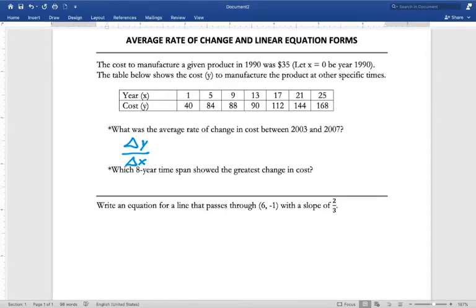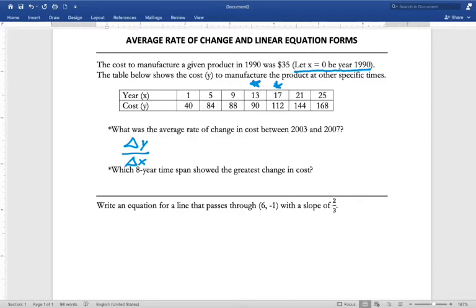So when we're talking about an average rate of change, that is truly a slope. So 2003, we need to figure out where that is in the table. Well, back up top, since 0 represents 1990, then we know that we're looking at an x value of 13 for 2003 and an x value of 17 for 2007. So from the data that we have, we can go ahead and subtract those.